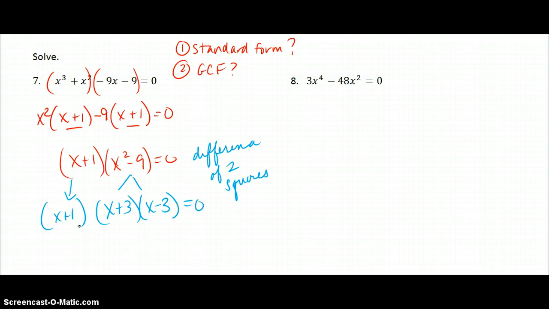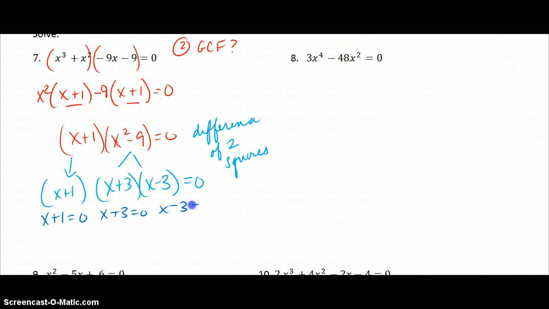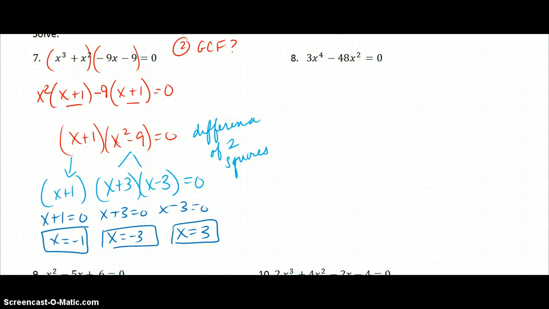Now we have it fully factored, but the question is asking us to solve it. So we need to set each one of these binomials equal to 0, which means x equals negative 1 is our first solution, x equals negative 3 is our second solution, and x equals 3 is our third solution.